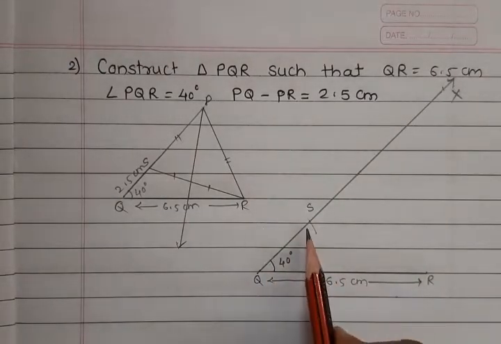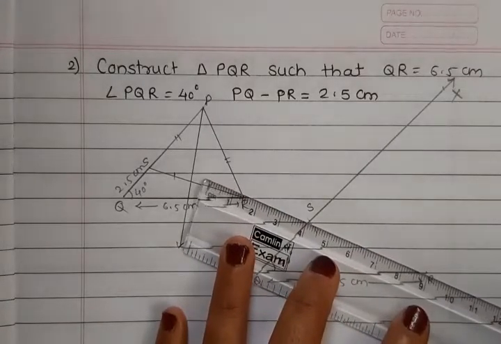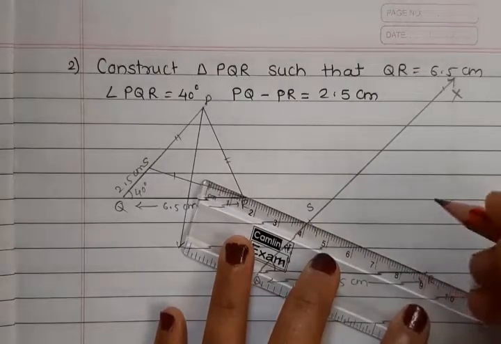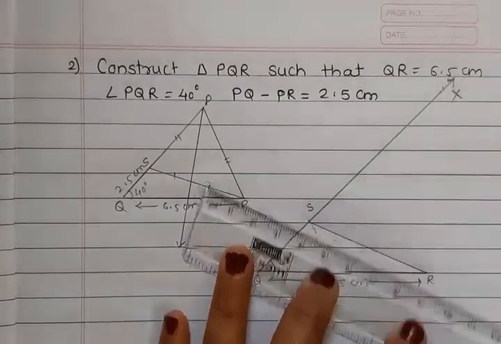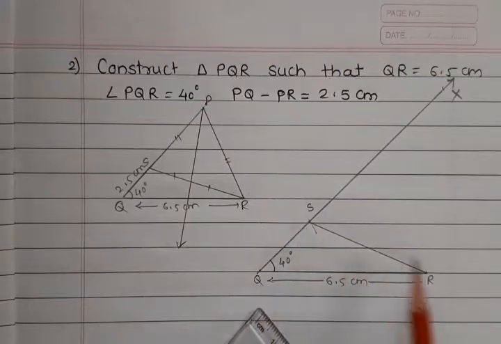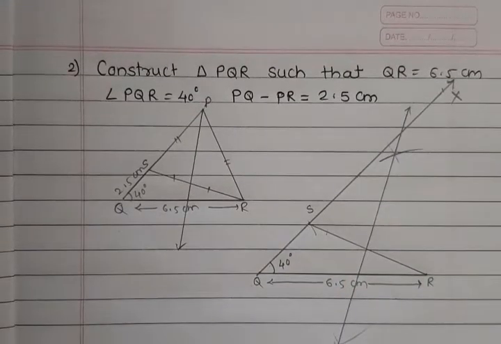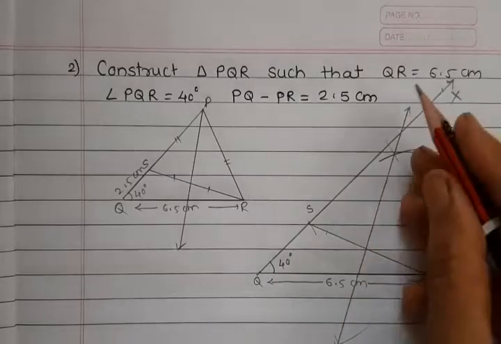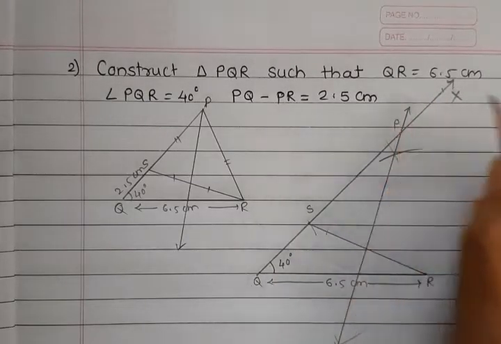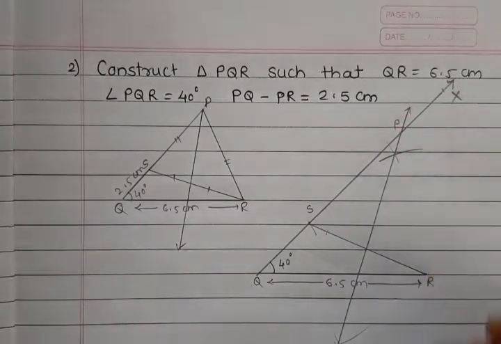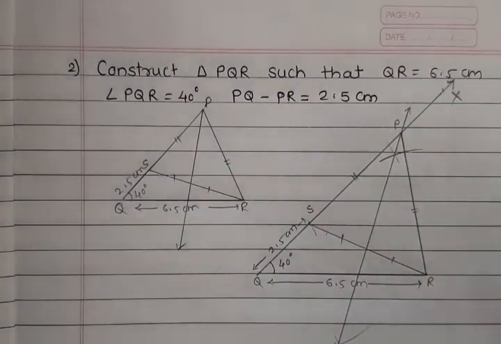After getting the point S, join the segment SR. Then draw the perpendicular bisector of SR. The perpendicular bisector of SR intersects the ray QX at point P. Then join the points PR. After joining the segment PR, we get the required triangle PQR.